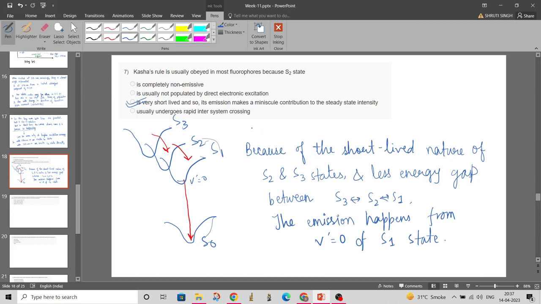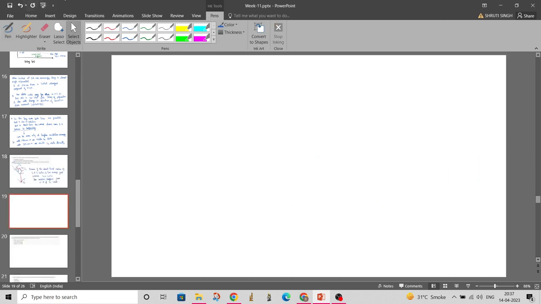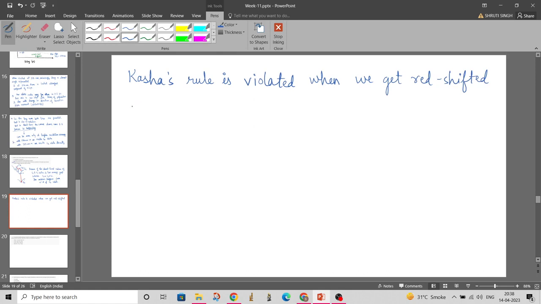And when is Kasha's rule violated? Kasha's rule says that the absorption and the emission spectra should be mirror images.